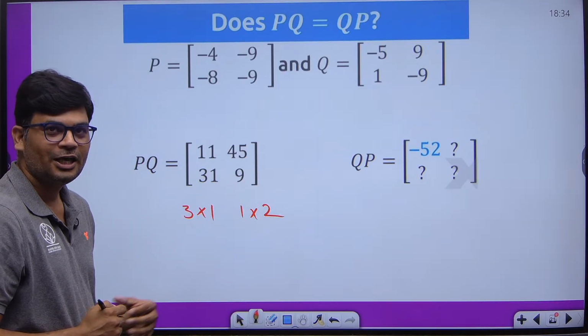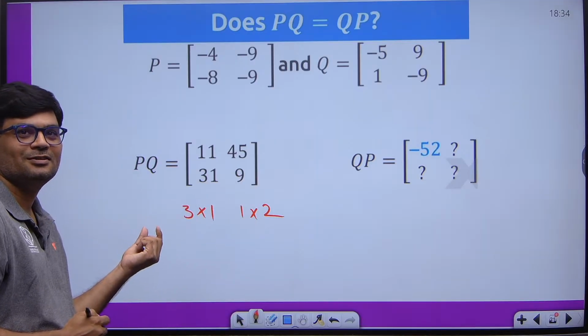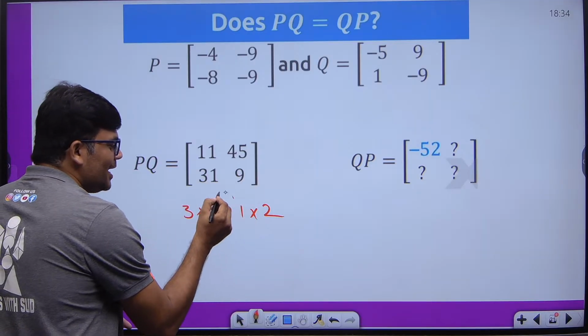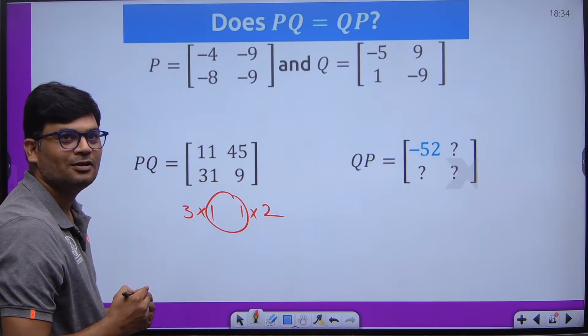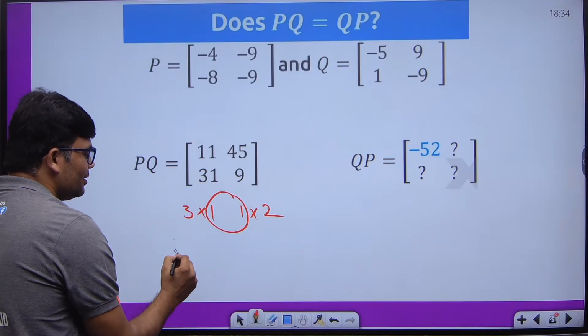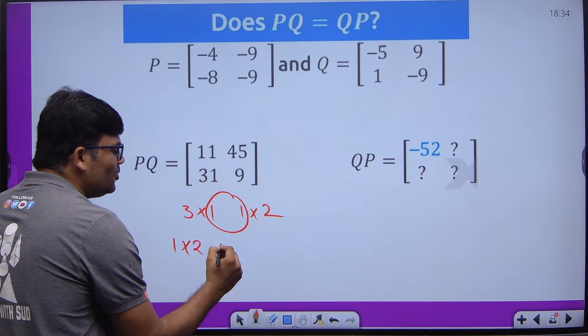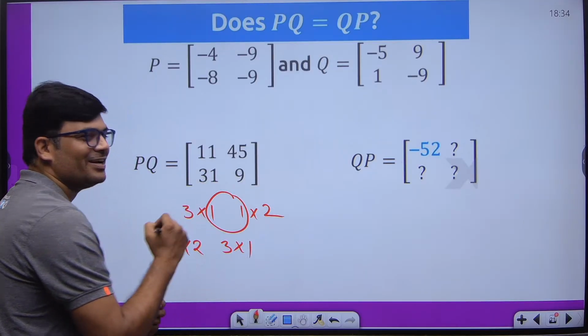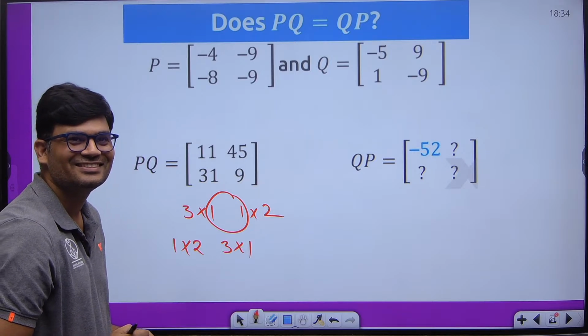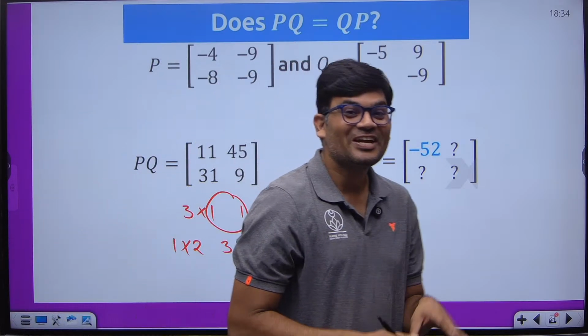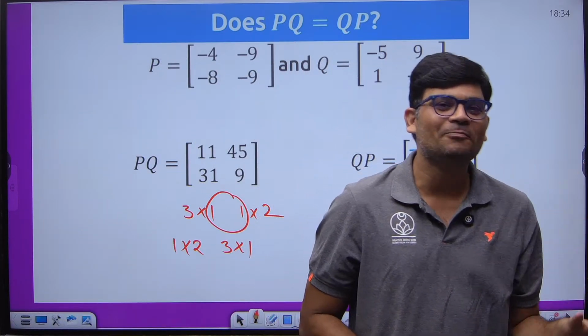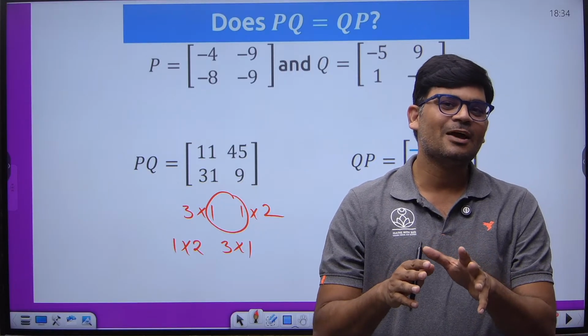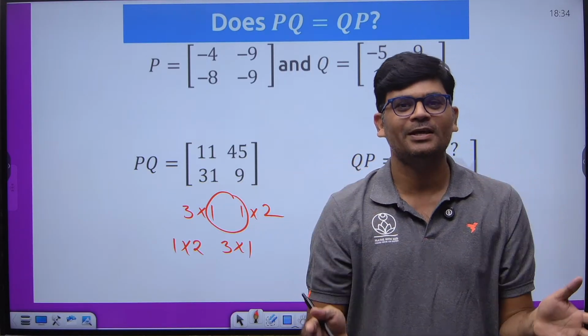If I bring this first, is this allowed? Yes. But if I bring this first, can a 1 by 2 be multiplied by a 3 by 1? That is not possible. So you might land up in a case where commutativity is not happening.